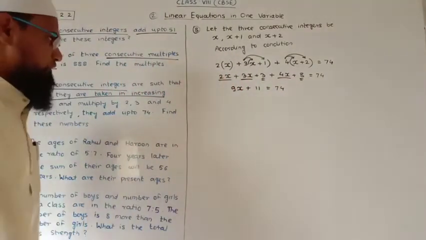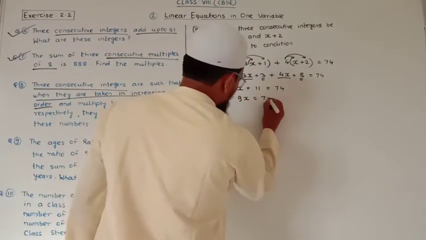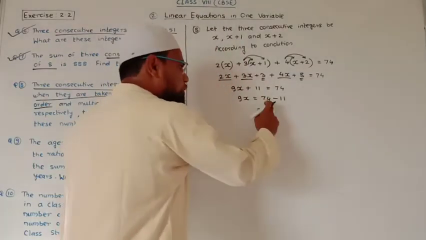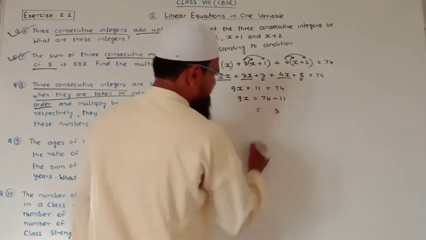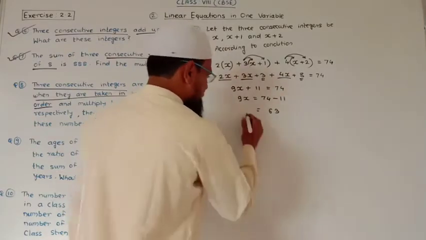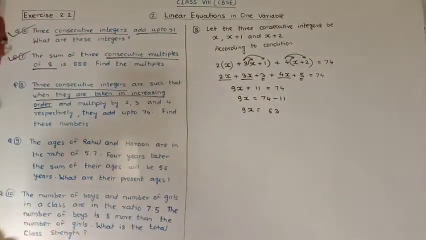Now we transpose this 11. So we get 9x is equal to 74 minus 11, which is equal to, here 4 minus 1 is 3 and 7 minus 1 is 6. So we get 9x is equal to 63.